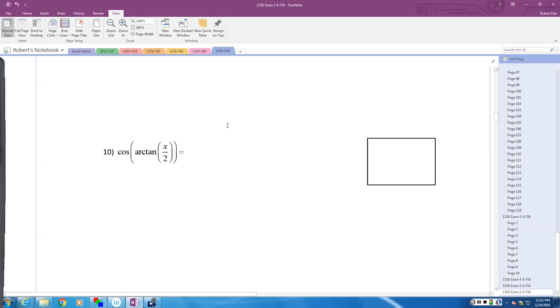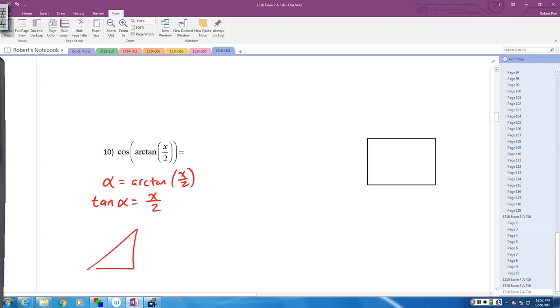Can I do this in our new way with the right triangle trigonometry? Because that's the way I prefer to do it anyway. Because if we're going to say alpha equals arctan of x over 2, that means tangent of alpha equals x over 2. So guess what?